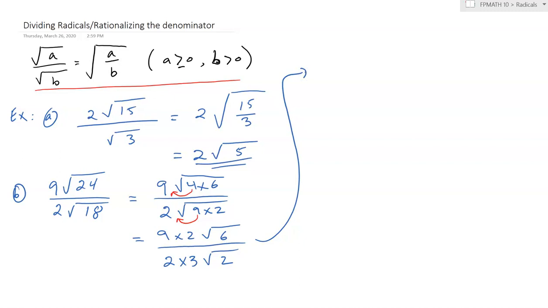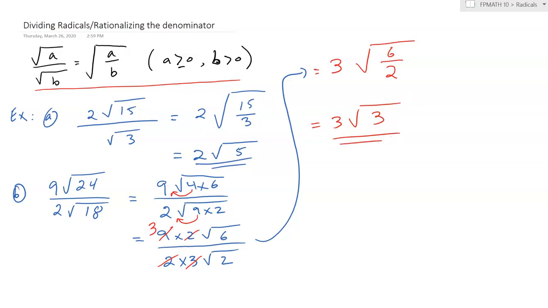So 2 divided by 2, that's just 1. 9 divided by 3, that is 3, and we have 3 left over. Then we have root 6 divided by root 2, so that would be the square root of 6 divided by 2, and the final answer will be 3 root 3, and that's what it would be.